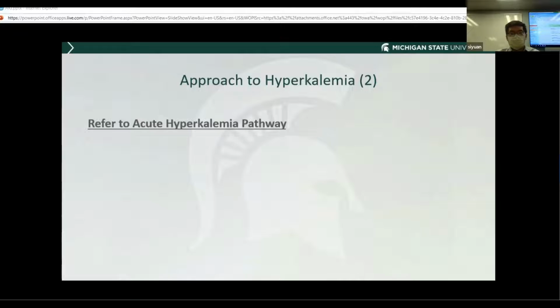Okay. While you're waiting to see if they really need urgent dialysis, and you still have time for them to get to dialysis, you can think about giving them Lasix if they have urine output, because Lasix will help remove some of the potassium too.